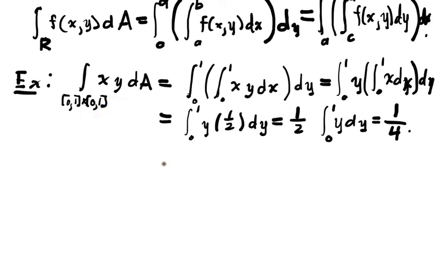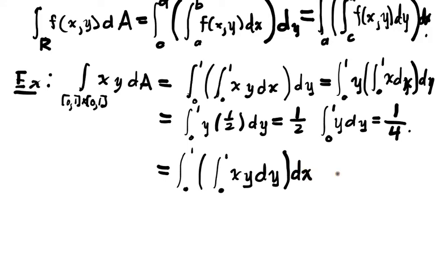So now what would happen if we went the other direction? Well, this is also equal to the integral from 0 to 1, the integral from 0 to 1 of xy, only now I integrate over y first and leave x fixed inside that nesting.